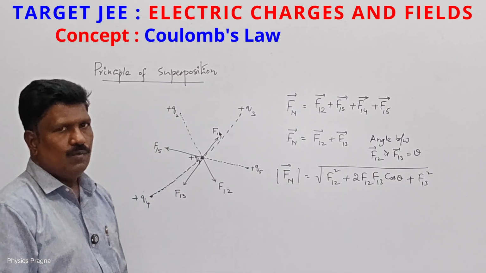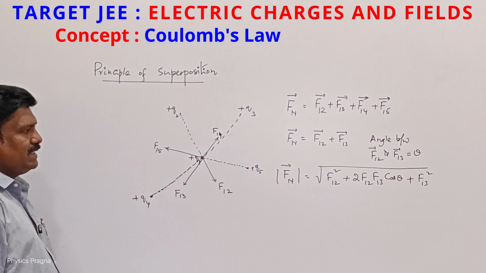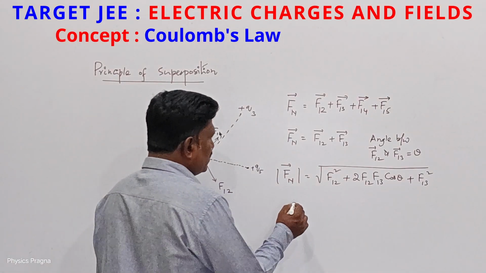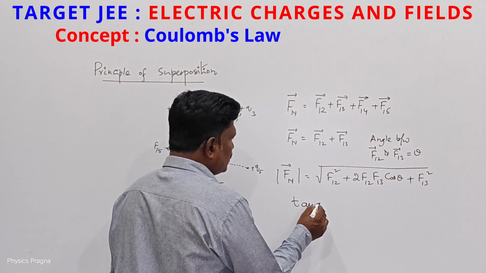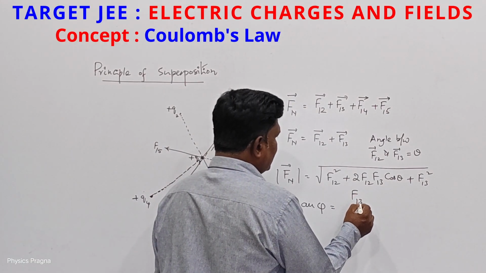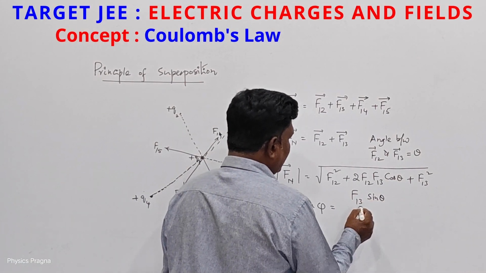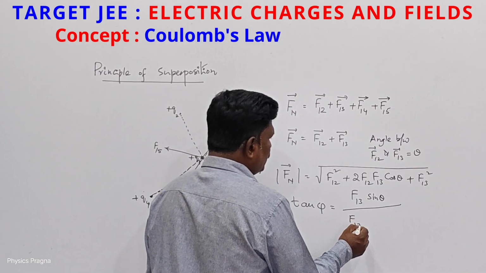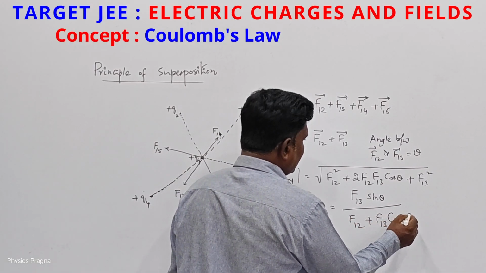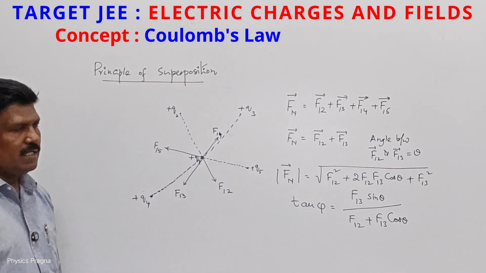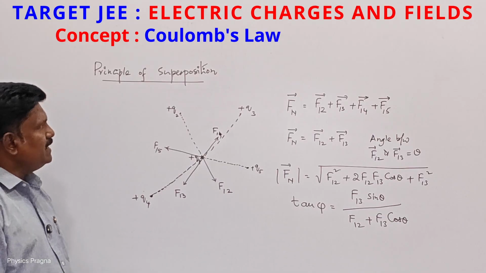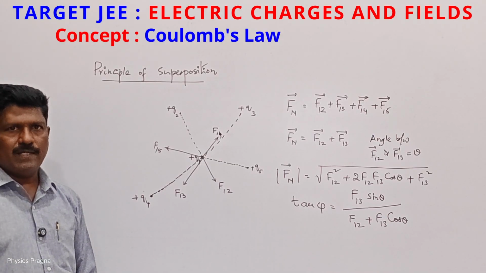Using this formula, we can calculate the magnitude of the resultant force. The direction of this resultant force we can also calculate using the formula tan alpha equals F13 sin theta by F12 plus F13 cos theta. By using this formula, we can also calculate the direction of the resultant force. This is the principle of superposition.